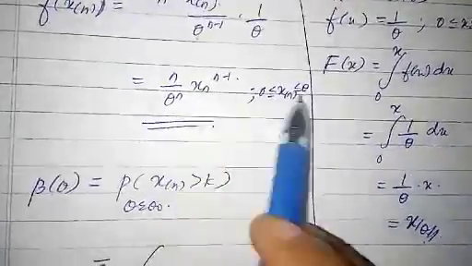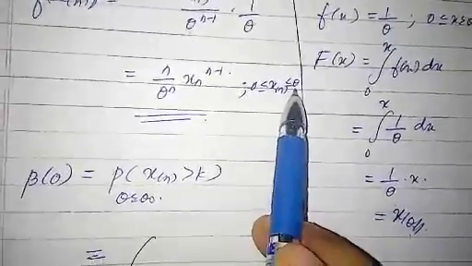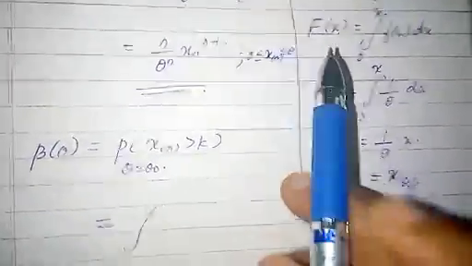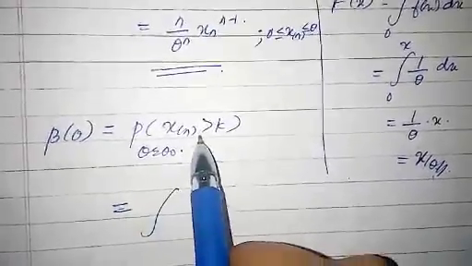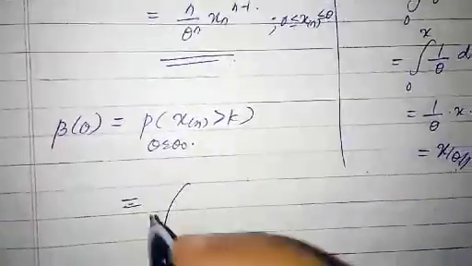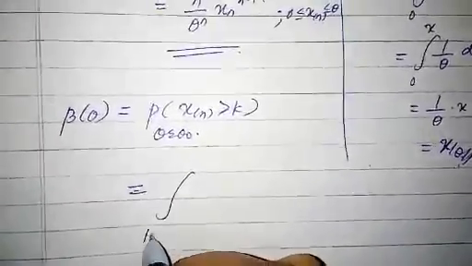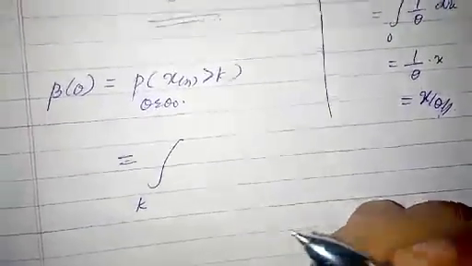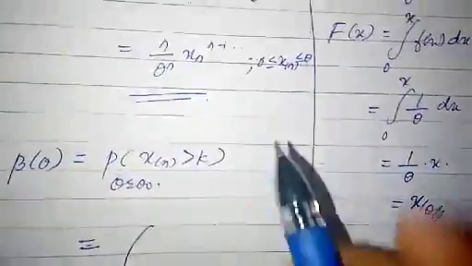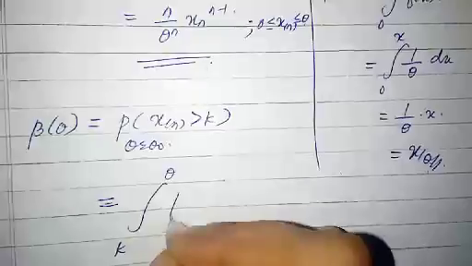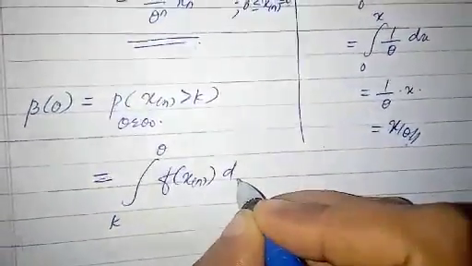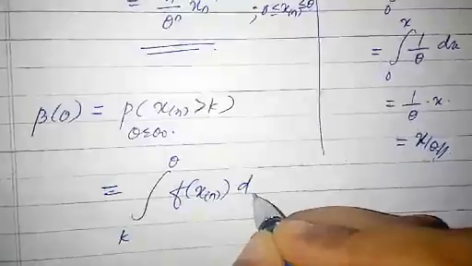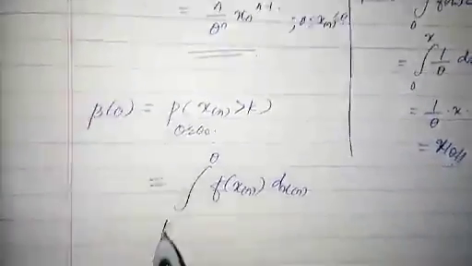xn ranges from 0 to theta, right? But here we want to find out the probability of xn greater than k. So the lower limit becomes k, right? K to theta f of xn dxn, right?